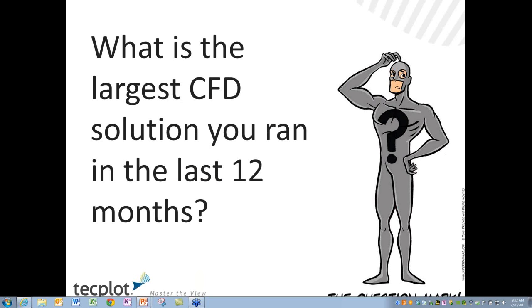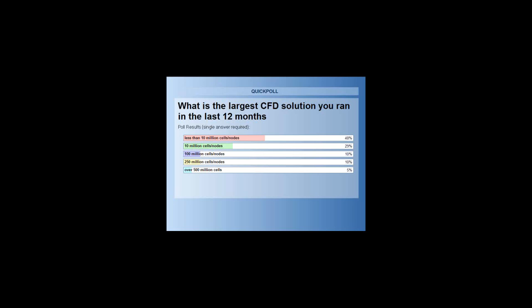Let me share those results with you. It looks like about 48% or so are still looking at models that are less than 10 million cells, whereas there's some of you who are looking at data that are greater than 500 million cells. So we have quite a range, Scott. Yes, and it's very typical.